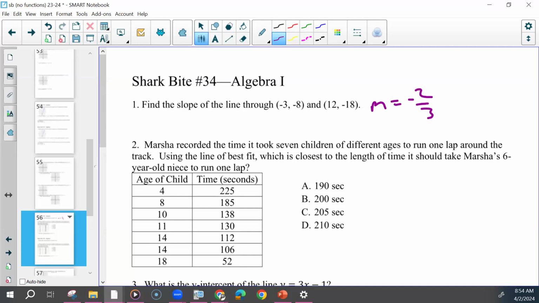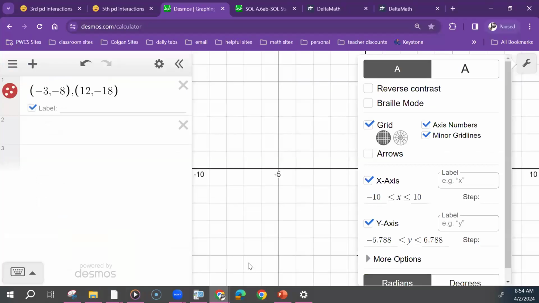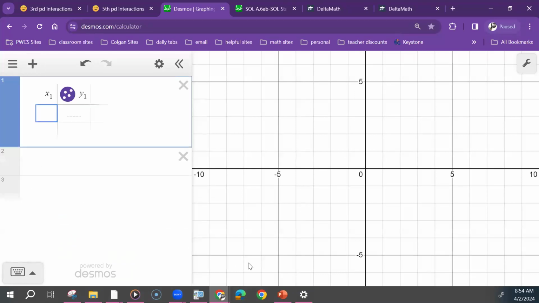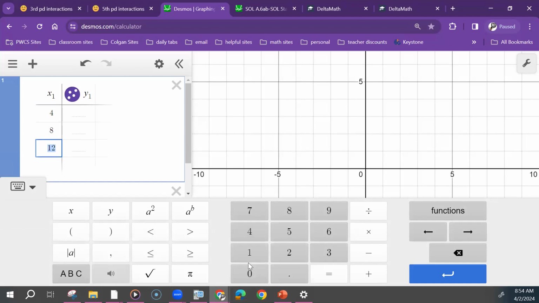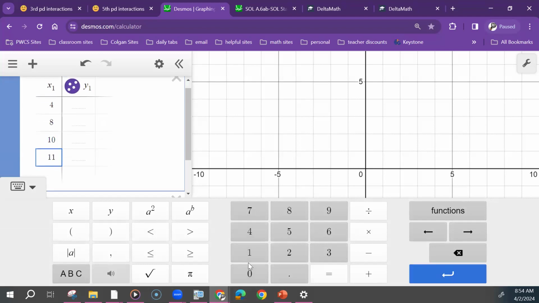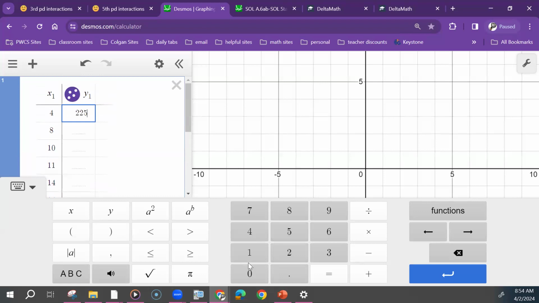So in Desmos, we can put in all the points.